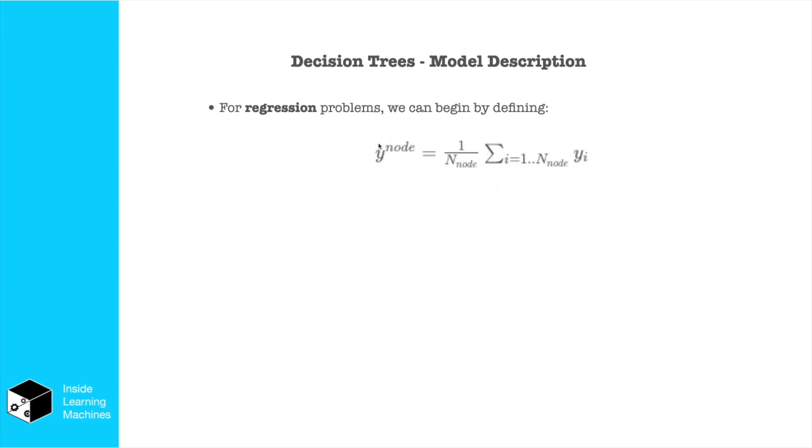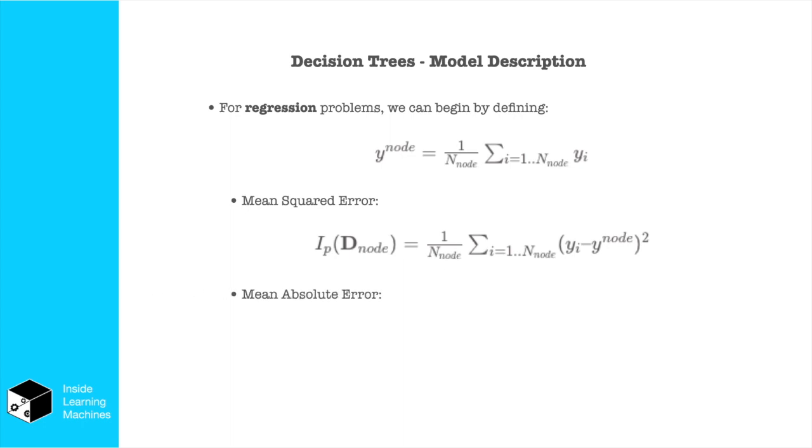So we get that mean value. And then one option for the impurity is to compute the mean squared error, and that's given by this. We take the difference between each label value and that mean that we just computed, square it, and sum it over all the values at our node, divided by the total number of data points at the node.